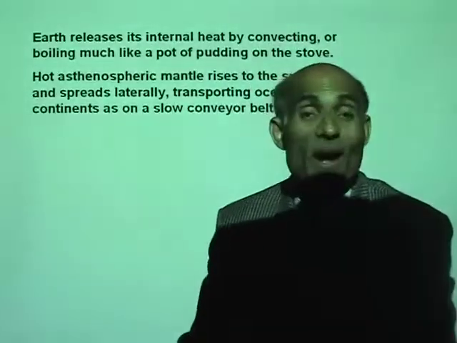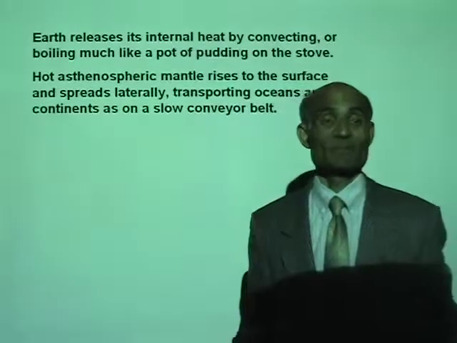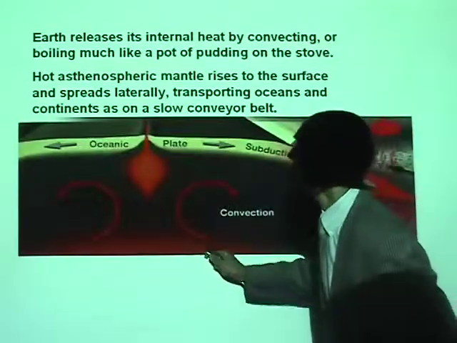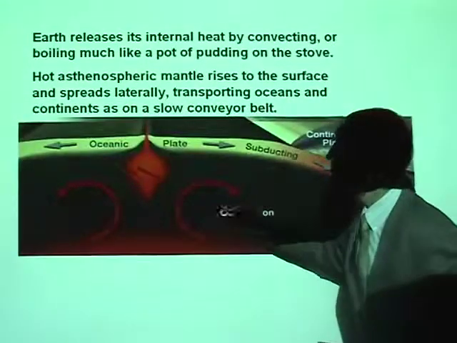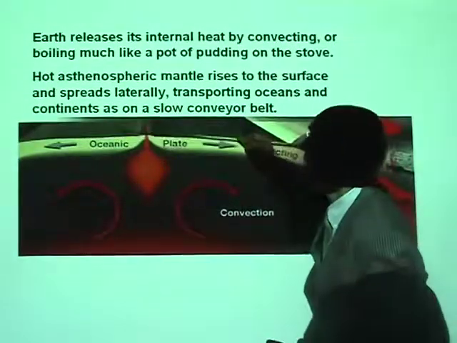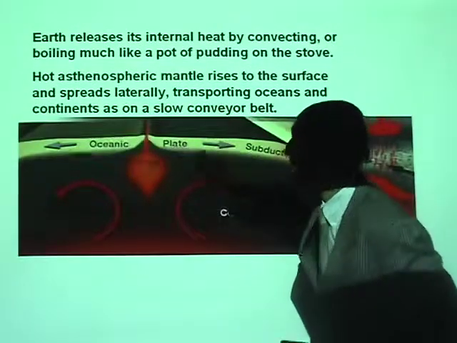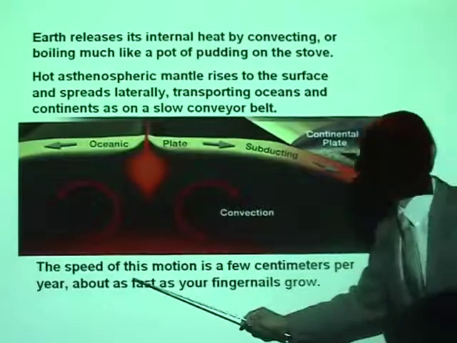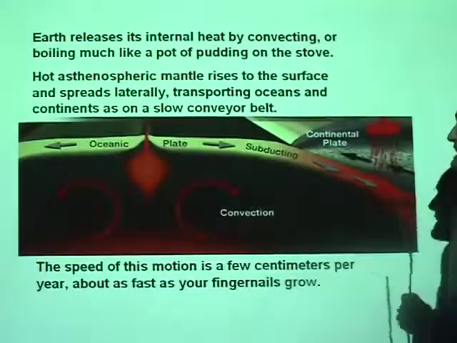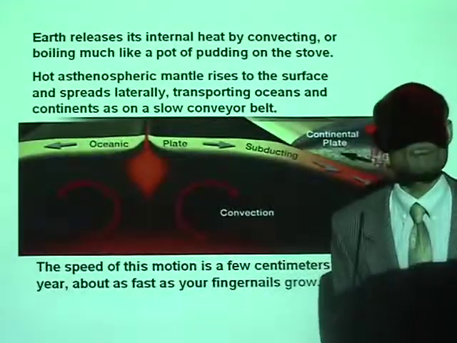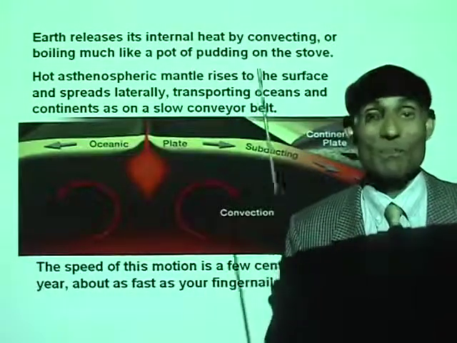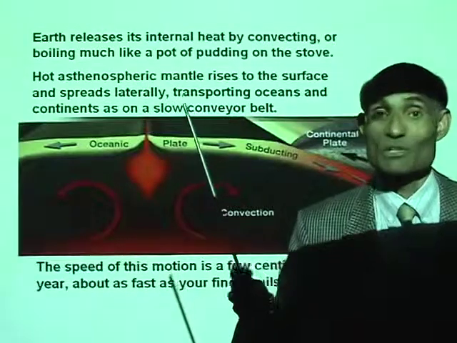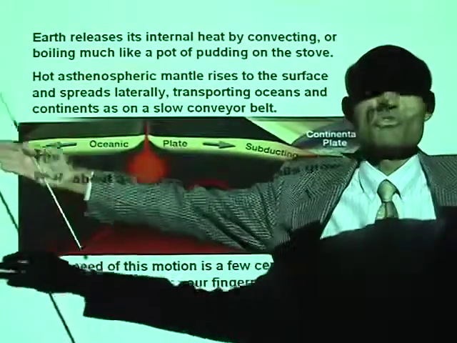So all of us are being transported in the same way. Now here again you can see, as the mantle underneath begins to move slowly, the plates that are being carried on top of it will also drift. The speed of this motion is a few centimeters per year. Not very much, it's not very fast, but that is a considerable speed of motion, considering the fact that these are huge plates.